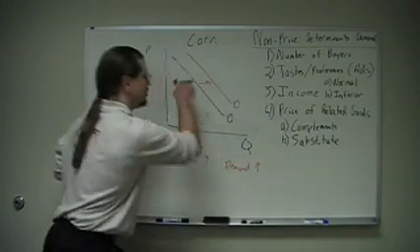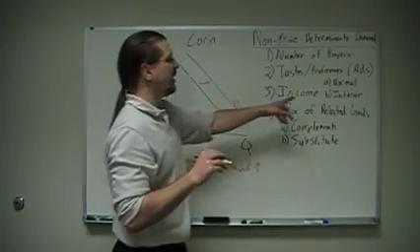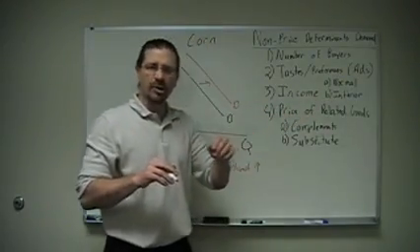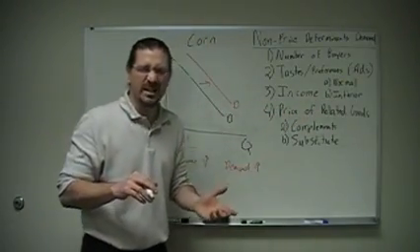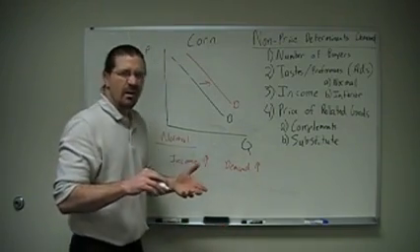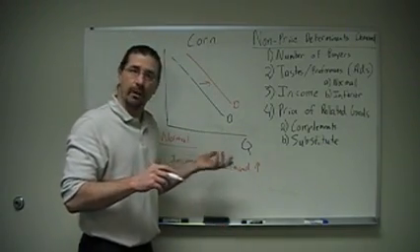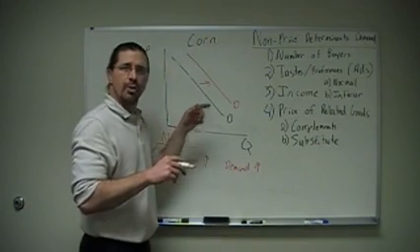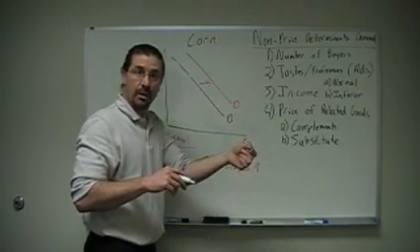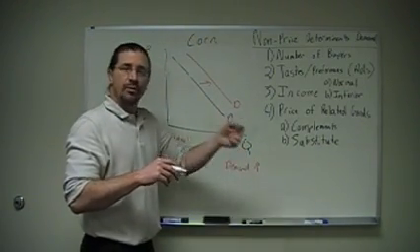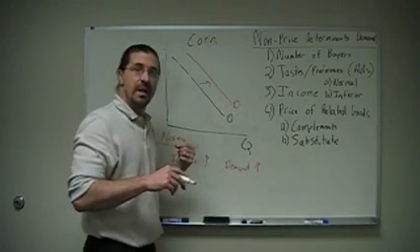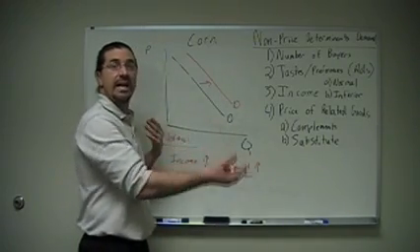Demand increases and it shifts to the right. But now think about other types of goods. Think about inferior goods, like say maybe grade C beef, right? That would be an inferior good, or generic goods, right? When your income goes up, are you going to buy more generic goods? In fact, what you're going to do is start buying less, because you're going to start buying the name brands.